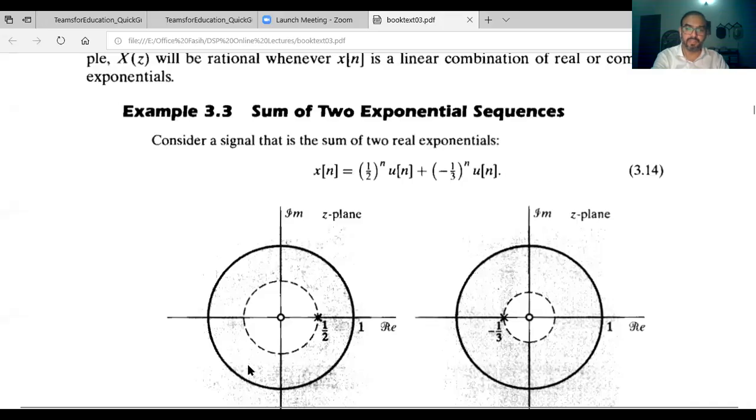So normally a unit circle is represented by solid line, whereas wherever the pole is, you represent it by a broken line. Now in this case, you can see that there is a 0 at 0, that equal to 0. And then another sequence is minus 1 over 3 of n u of n. So minus 1 over 3 is a pole at minus 1 over 3, and it is a value less than 1 over 2. So this is one thing.